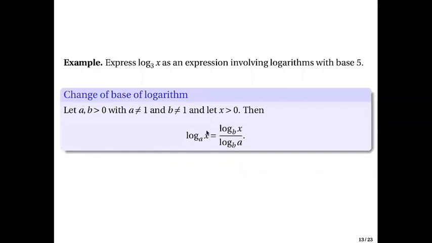Then the log of x with base a is equal to log of x with base b divided by log of a with base b. Okay? So you replace the base a with the new base b, but you divide this by the logarithm of the original base with base new base b. Did you get that?